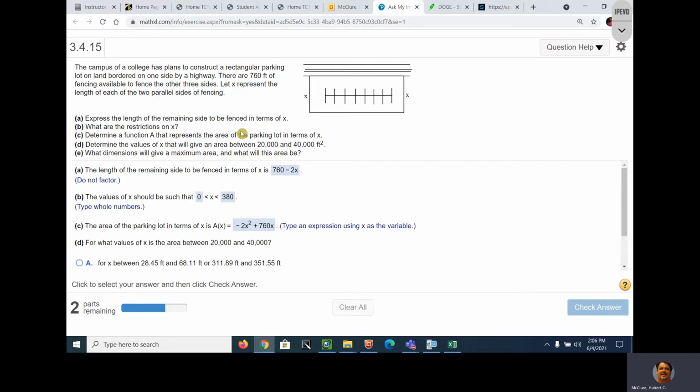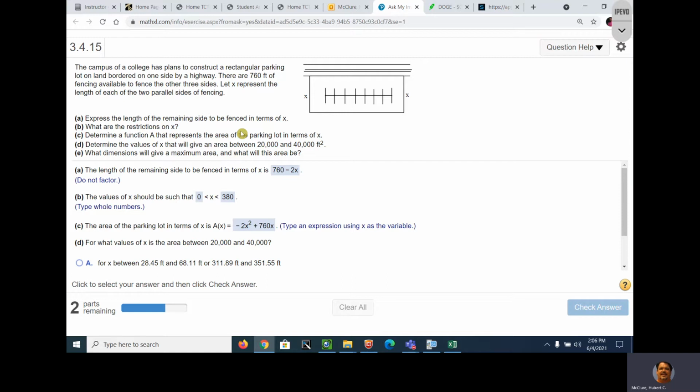D says, determine the values of x that will give you an area of the parking lot between 20,000 square feet and 40,000 square feet.